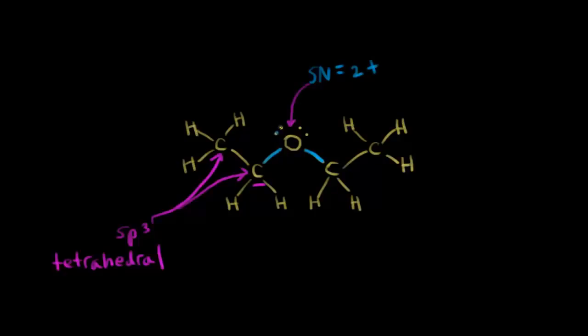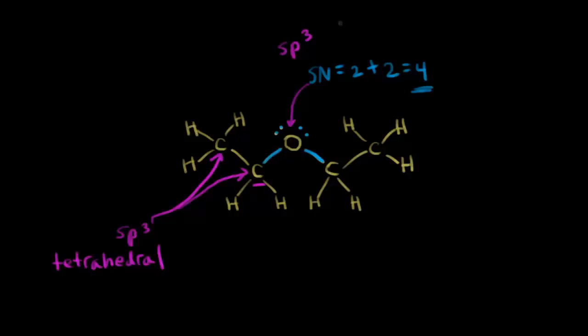Here's a lone pair of electrons, and here's a lone pair of electrons. So I have 2 lone pairs of electrons. So 2 plus 2 gives me a steric number of 4. So I need 4 hybridized orbitals for this oxygen, and we know that occurs when you have sp3 hybridization. So therefore, this oxygen is sp3 hybridized. There are 4 sp3 hybrid orbitals around that oxygen.